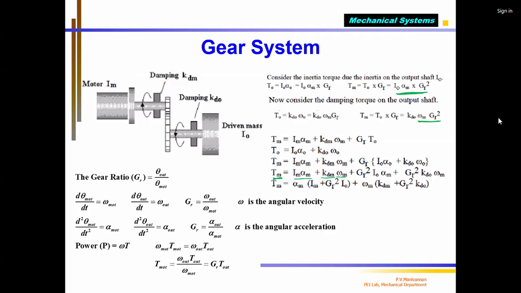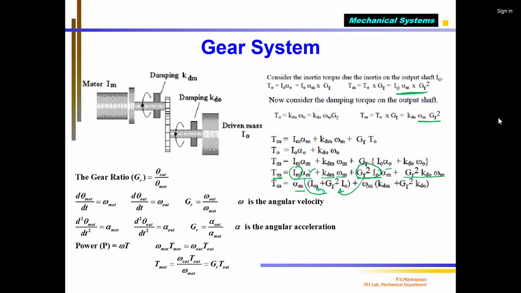So I can write this like this, GR square I naught alpha m and GR square Kd naught omega m. Now wherever alpha m is there, I can take it out. Correct? If I take alpha m and those terms alone, Im is there, and the next one is GR square into I naught. This term will come here.